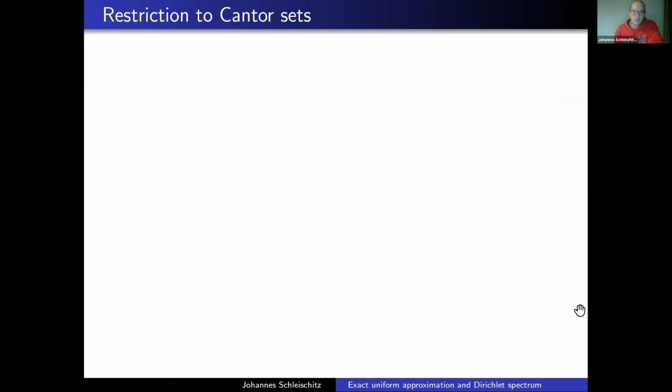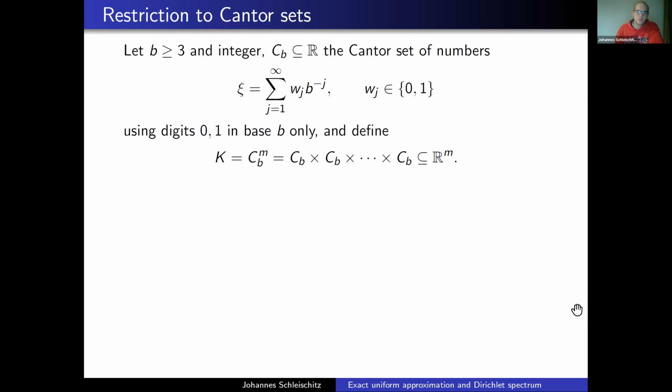Okay, then the last new thing I think is I can also work with these Cantor sets K, which are the m-fold Cartesian product of these classical Cantor sets, where you only use the digits 0 and 1. I can also give a version with more general digit sets, but for simplicity, let's say we have digits 0, 1 in the base b expansion of a real number, we take this set and we take the m-fold Cartesian product.